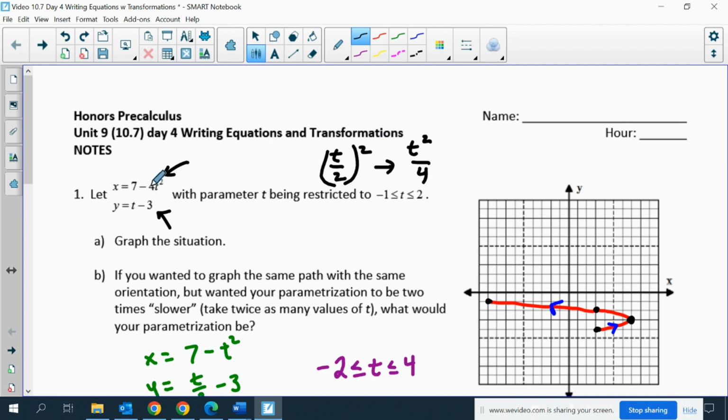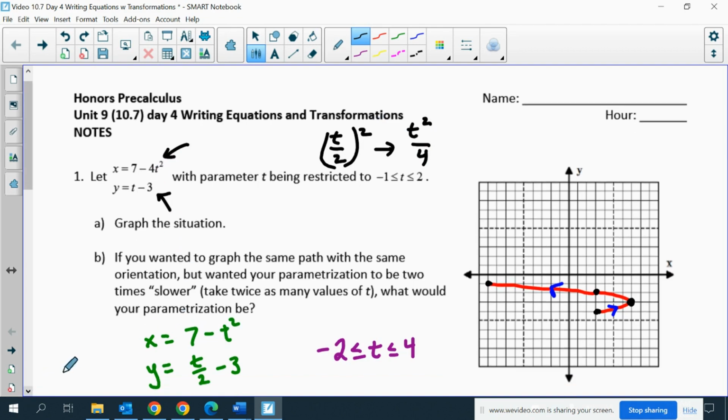And so that eliminates this 4 that's here. So this ends up being 7 minus t squared. And then my y coordinate, or my y parameter, which essentially ends up being my y coordinate at any value of t, is just t halves. So I divide both of these and replace t with t halves, essentially.